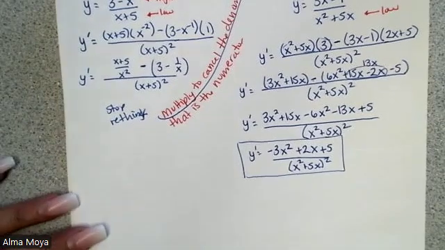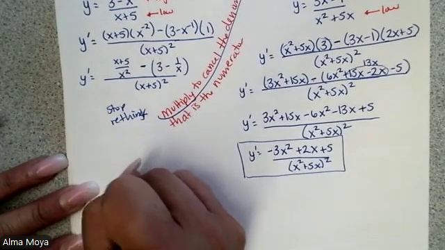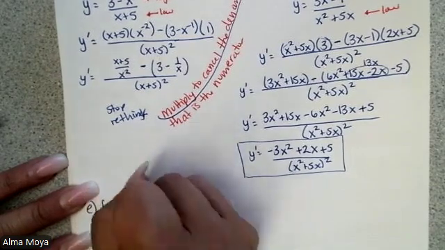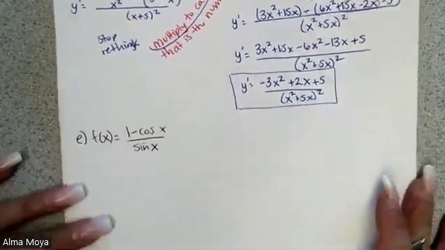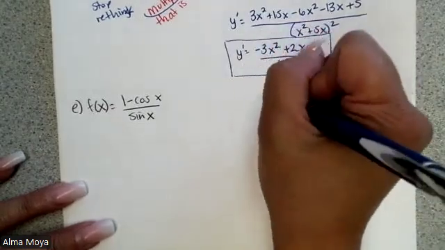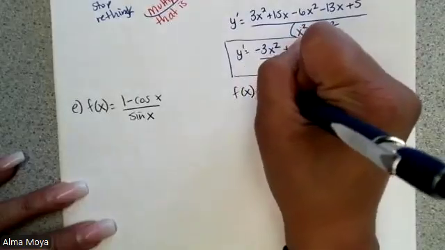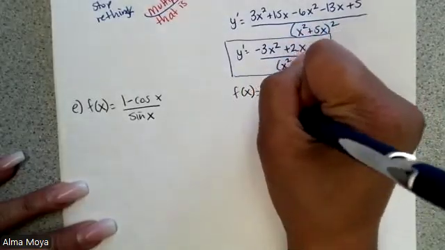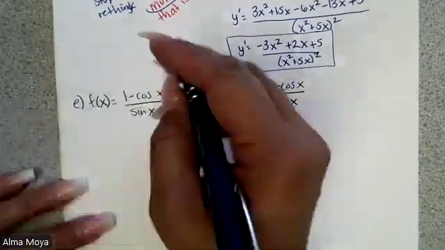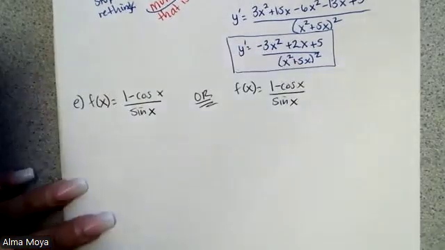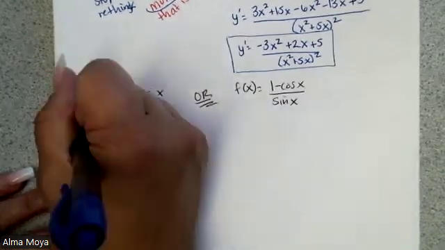All right, let's do an example with a trig now. I'm going to actually show you guys this two different ways, okay? One way you could do this is you can actually put both of these under sine x.